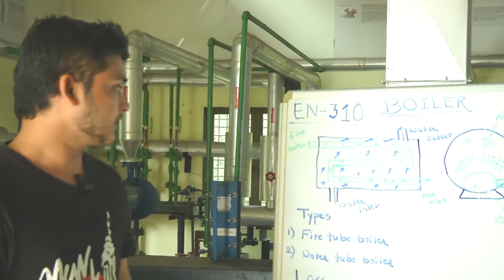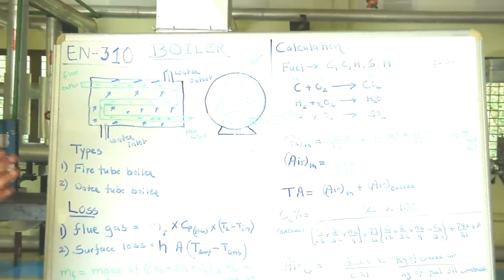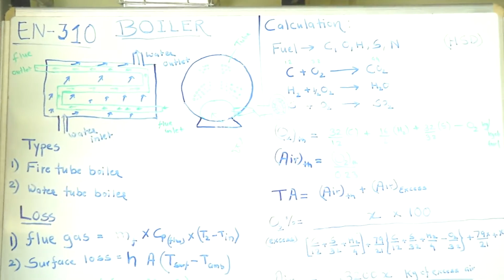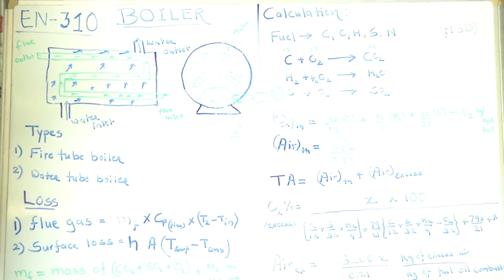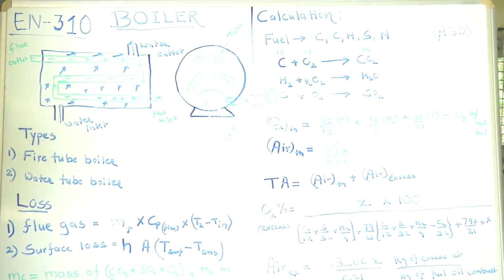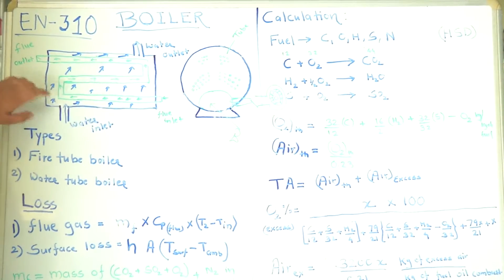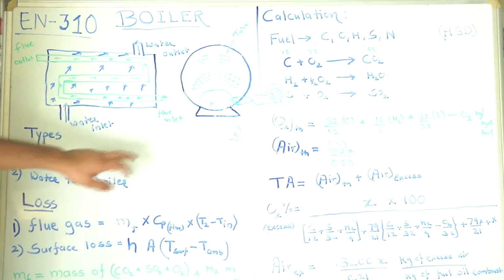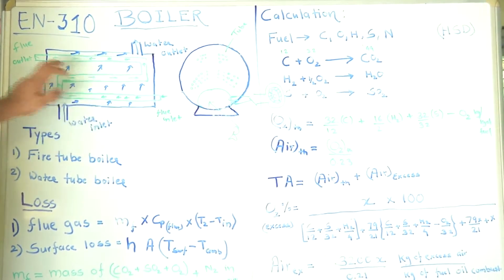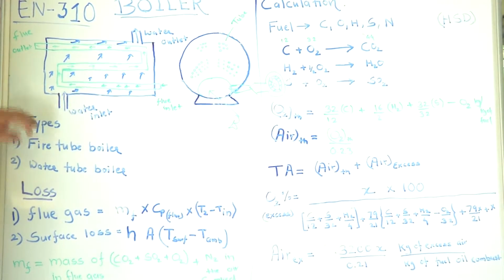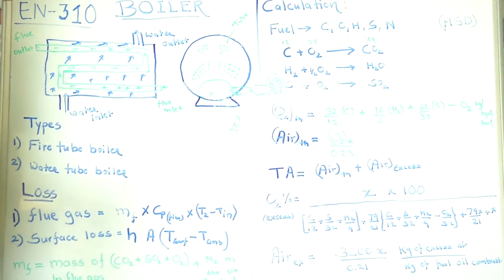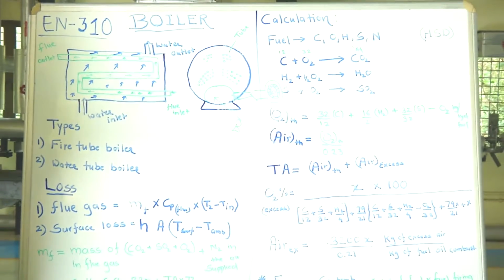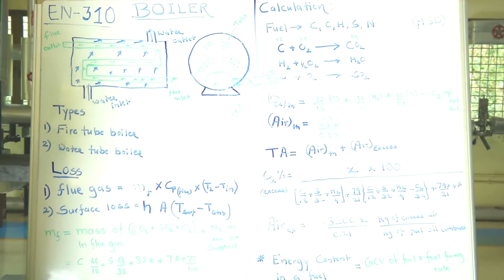In this diagram, the boiler has a very basic concept, which is heat transfer. If you know heat transfer, there is nothing more than that in this boiler. In the first diagram we can see the flue gas inlet and flue gas outlet, and this is the water inlet and water outlet. Flue gas is a high temperature gas which acts as a heat source.